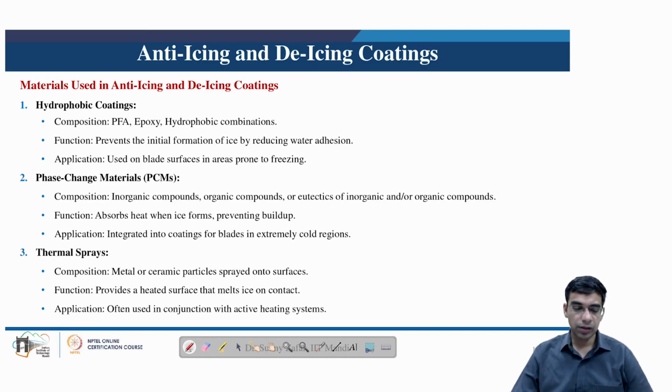These are generally integrated into the coating for blades for extremely cold regions. Next is the thermal spray, in which metal or ceramic particles may be sprayed on the surface. These provide a heated surface that melts the ice on contact, and they are often used in conjunction with active heating systems.